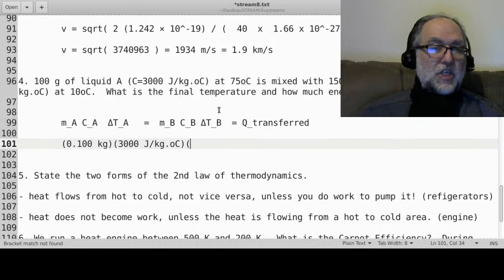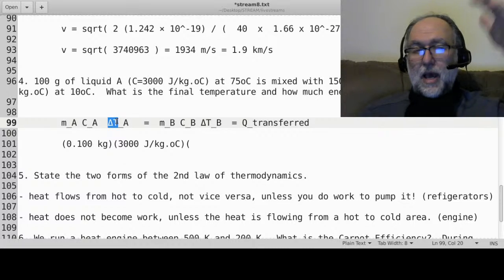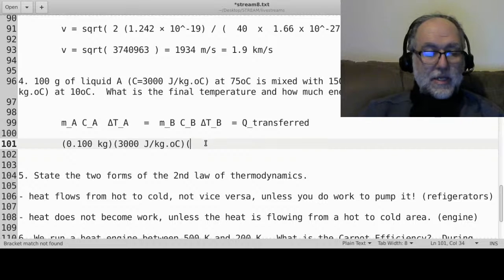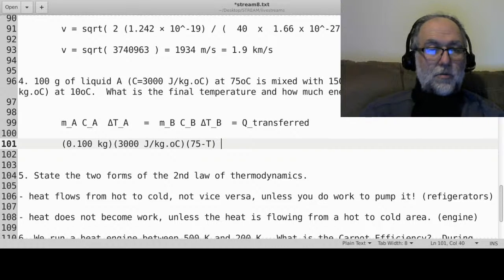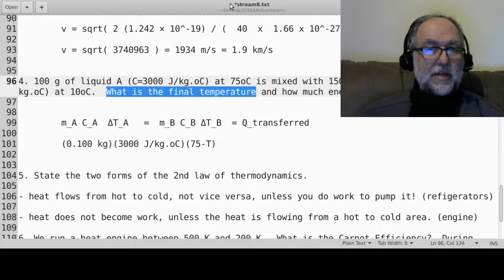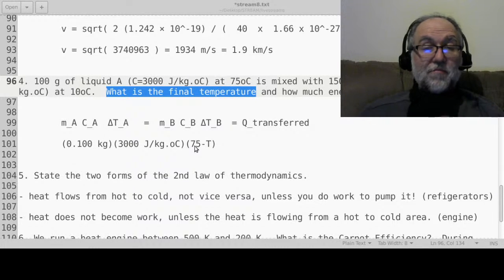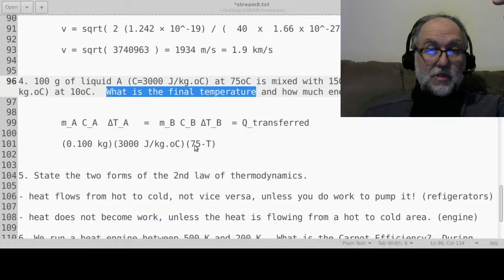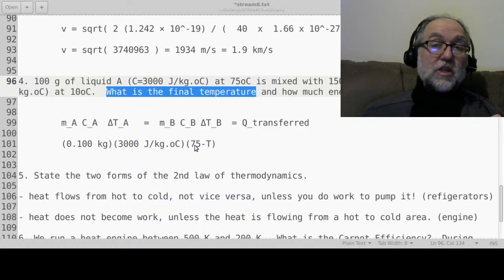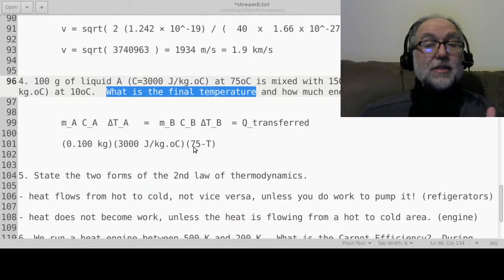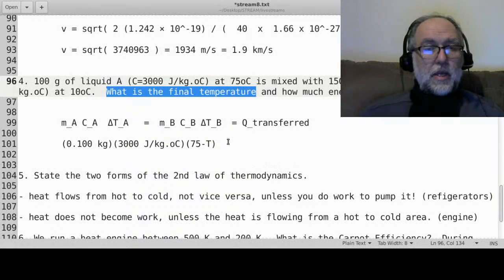And the change in temperature is, well, delta T is going to be a high minus a low temperature. The high temperature is going to be 75, and the low temperature is going to be unknown. That's what we're trying to find, the final temperature T. So it's 75 minus T because it's going to start at 75, which is the higher temperature. It's going to drop to a lower temperature T. So 75 minus T is going to be a positive number, okay?